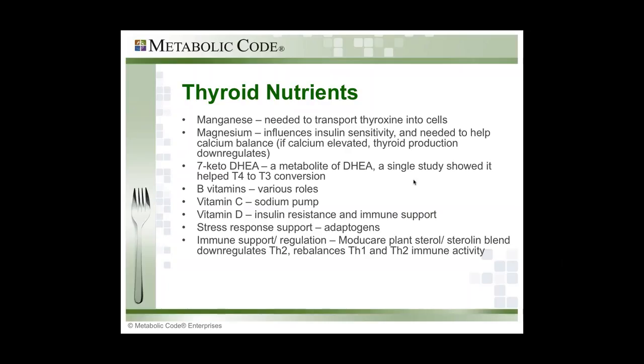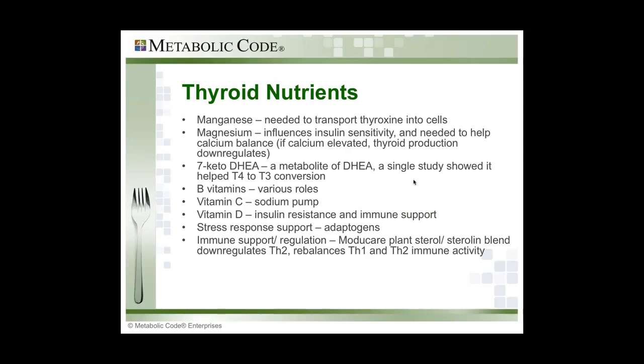There are other nutrients that can be ancillary to good thyroid activity, such as the adaptogenic herbs that are really wonderfully valuable for helping to control the stress response in the body.